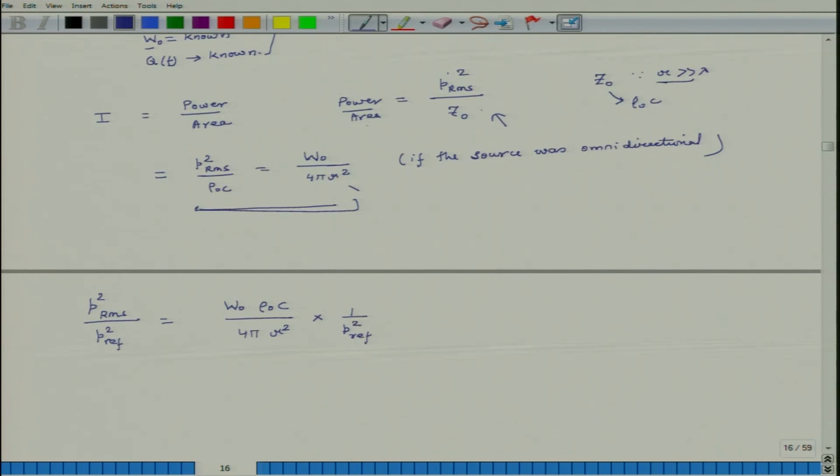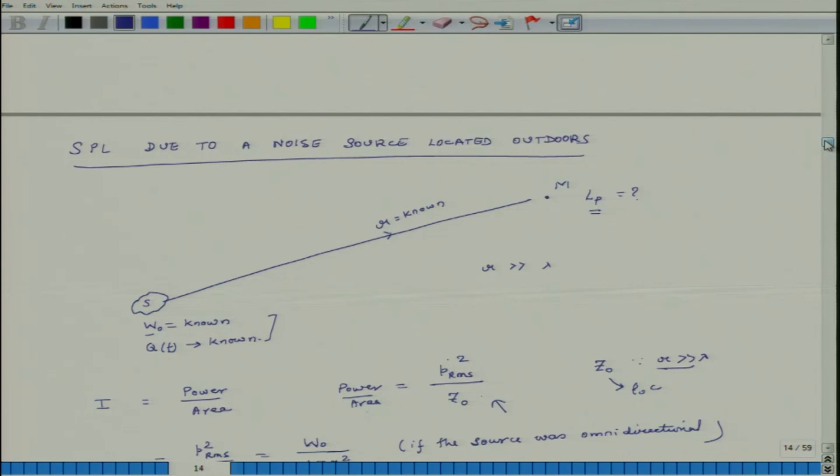Okay. But all this is assuming that the source is omnidirectional. If this distance is very large, what will happen to that sound? It will go down in energy.